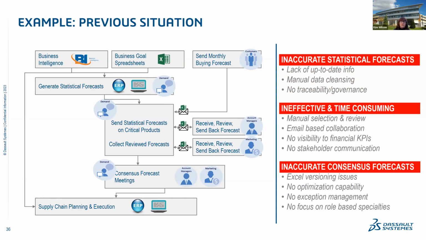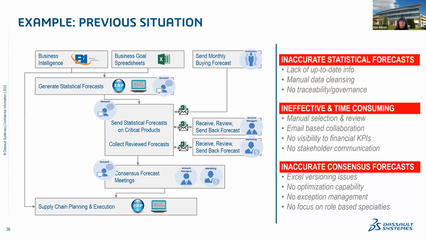And that is going to generate some challenges. You're going to have inaccurate statistical forecasts. Everything's not going to be up to date. You're going to have a traceability issue because you're using emails and you're not able to track any of those changes necessarily. It's going to be time consuming and ineffective. This doesn't really play into the goal of being agile.